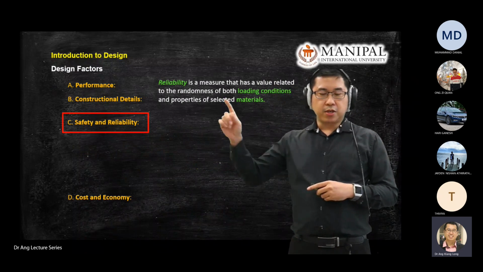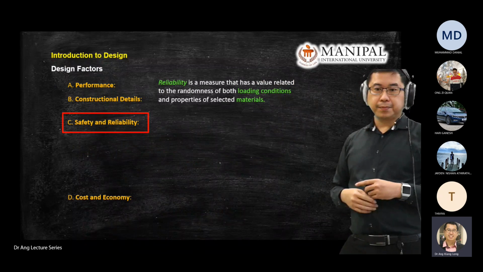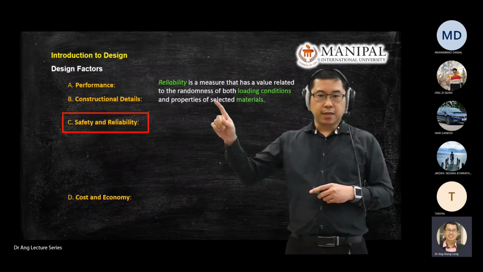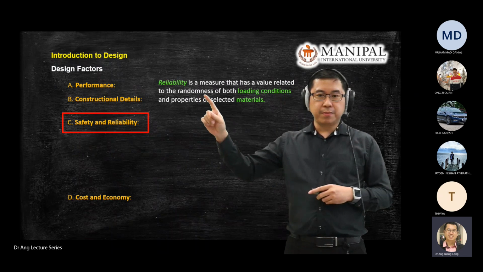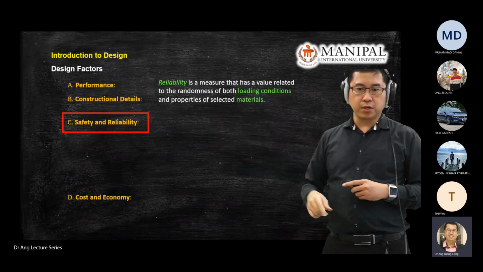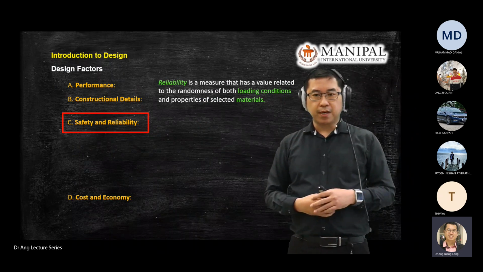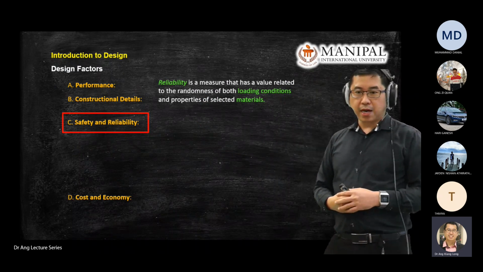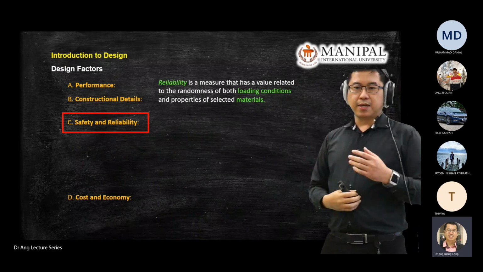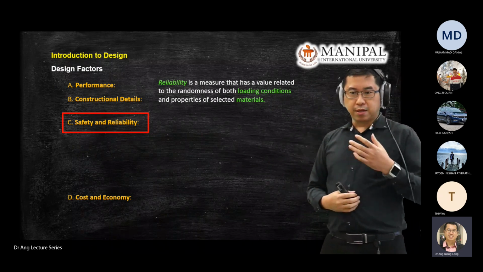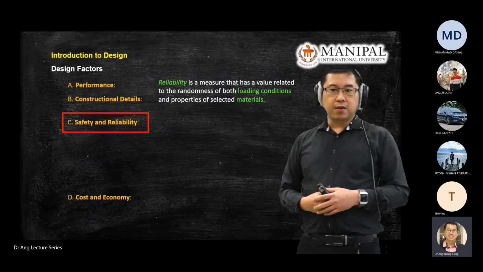Reliability means that your product can continue to work under loading conditions. The keyword here is randomness of loading condition. Let's say you are designing a Land Rover, a car that can operate in the desert or in the river.